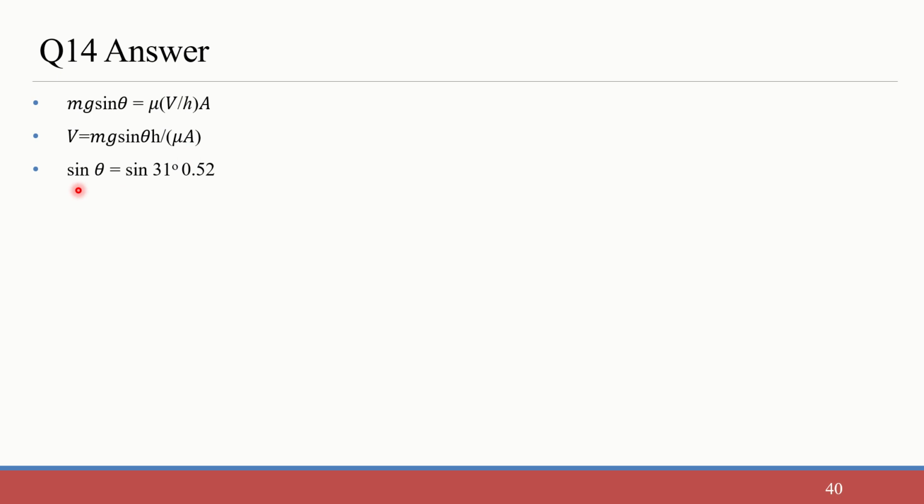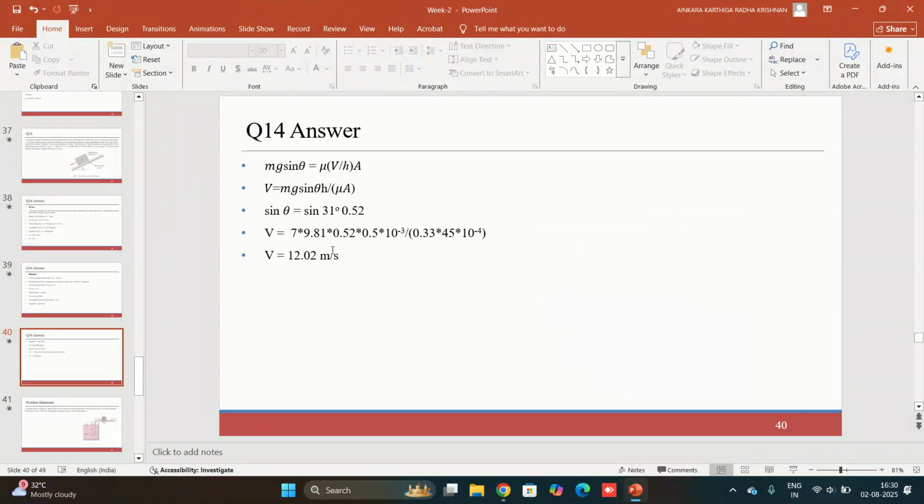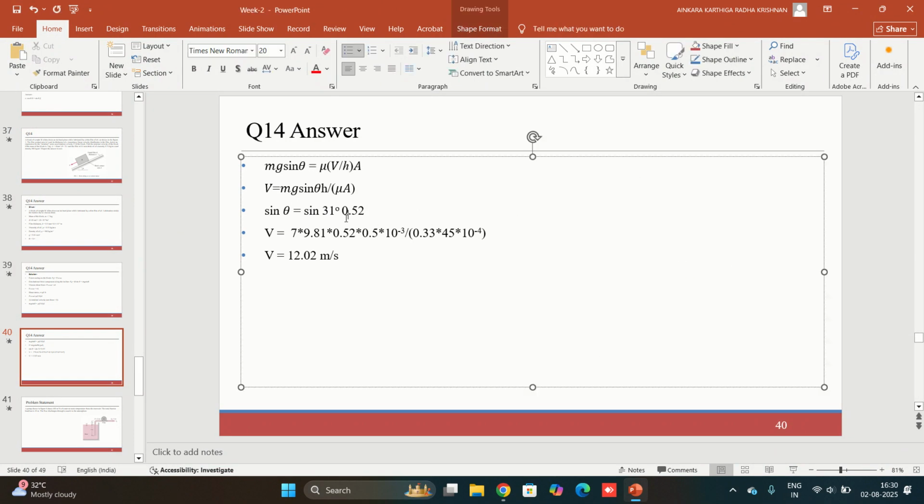Sine theta, sine 31 degrees, is equal to 0.52. I'll just check once.